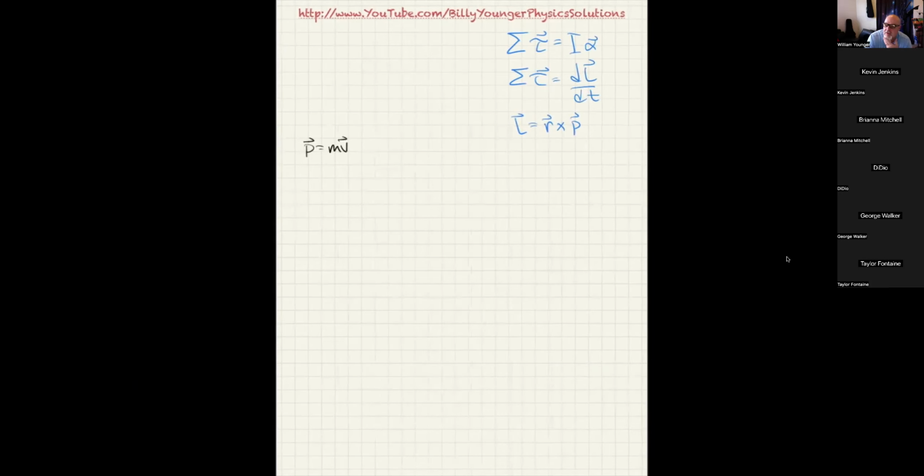But again, remember, we also had P in linear motion. Since P is equal to M times V, what do you think the rotational analog of P equals MV is?